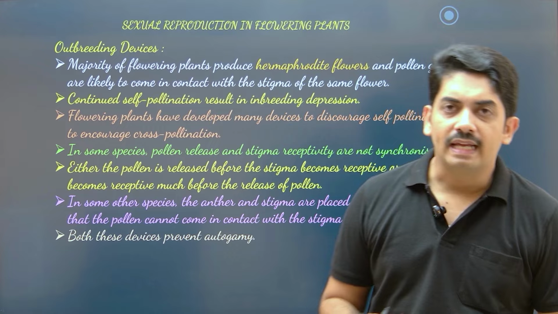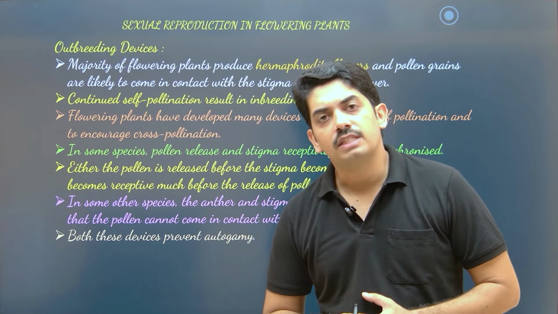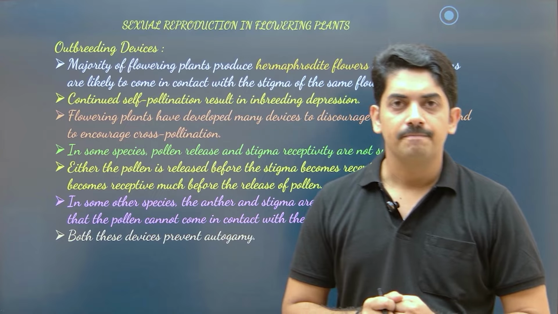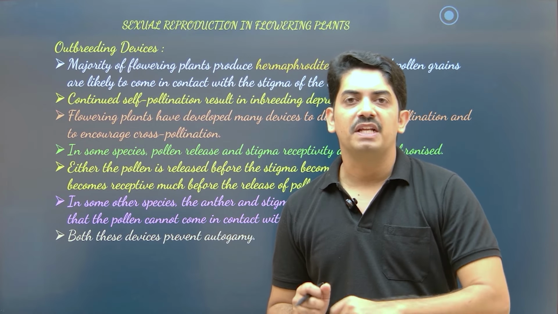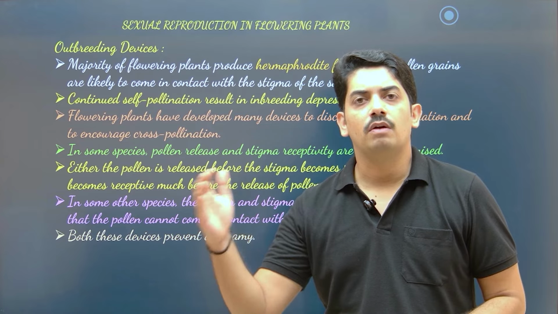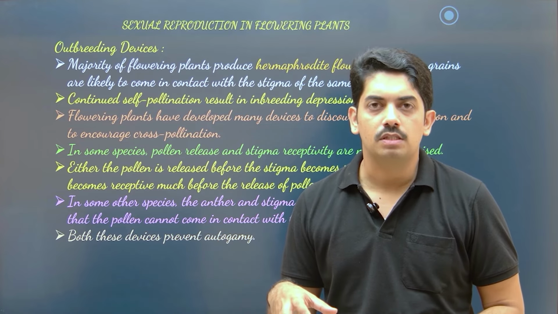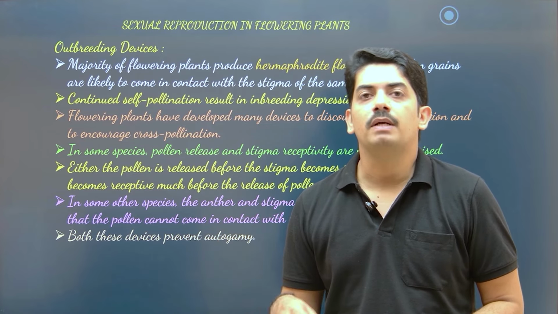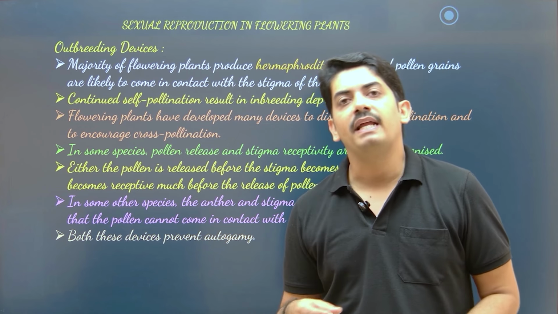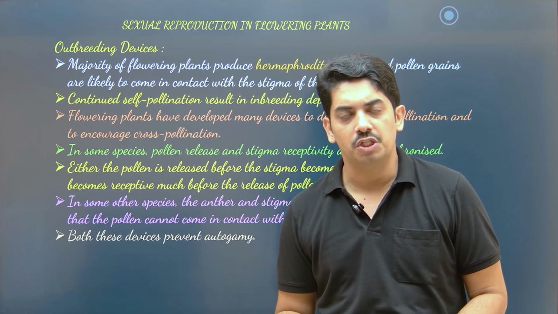But what happens when continuous self-pollination takes place? There is a high chance that inbreeding depression will take place. In the sense, for over a period of time, because of same genes, the offsprings may not be able to adjust to the changing environmental conditions, so that plant may undergo extinction.